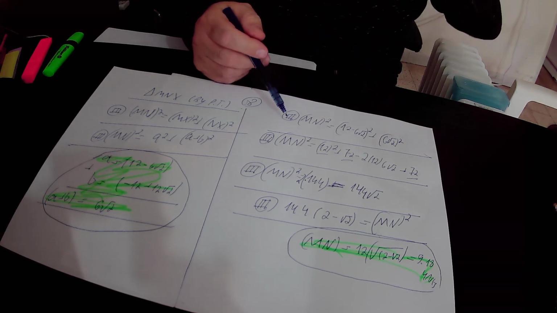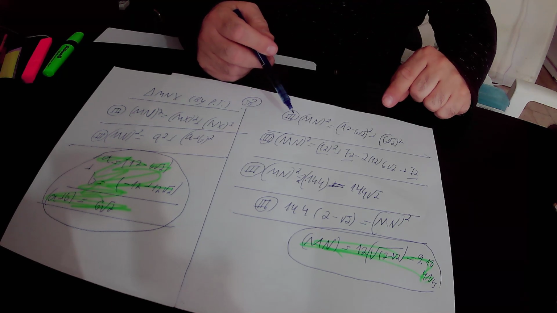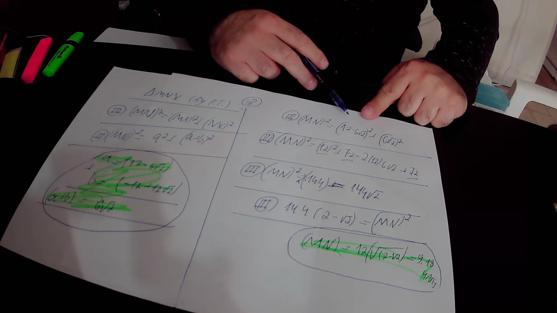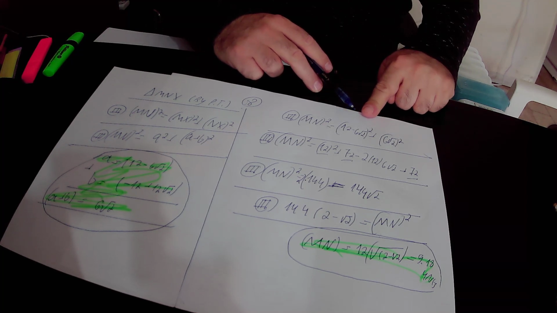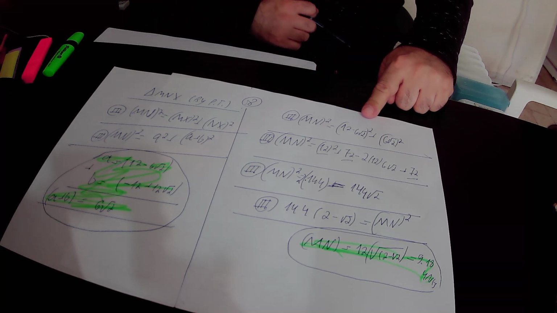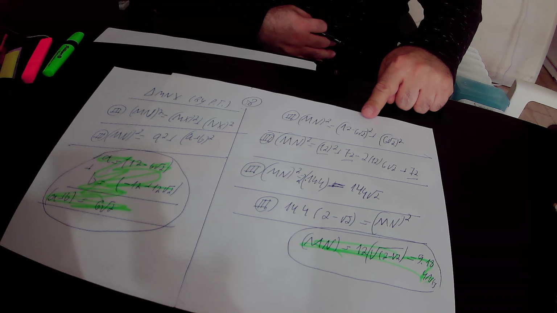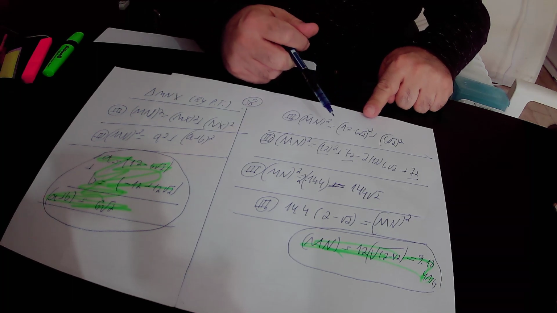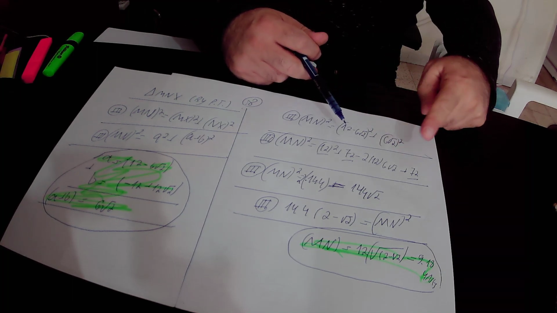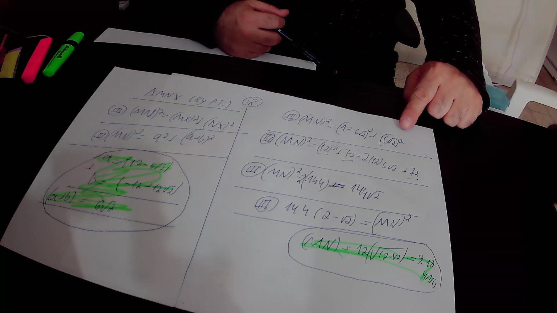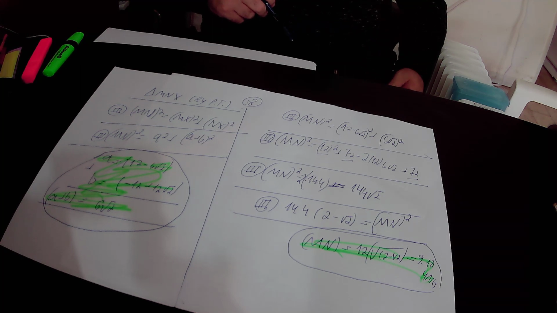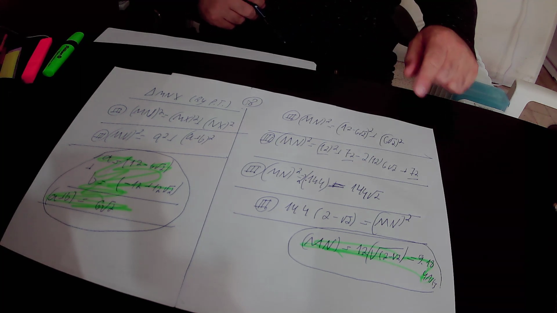So according to equation number 3, MN squared equals, opening the brackets, 12 squared, plus (6 times the square root of 2) squared, which is 6 squared is 36, times the square root of 2 squared is 2, and 36 times 2 is 72, minus 2 times 12 times 6 times the square root of 2, plus (6 times the square root of 2) squared, which is again 36 times 2, 72.